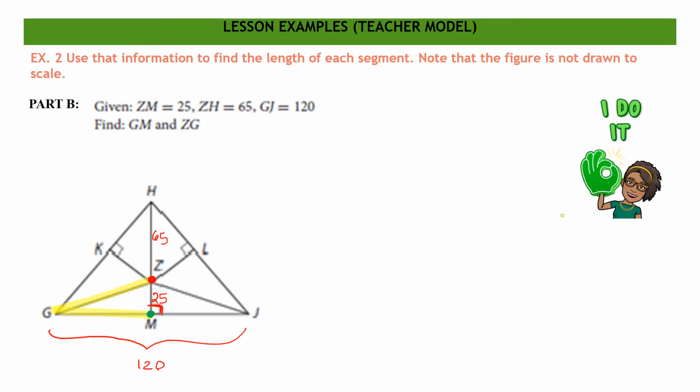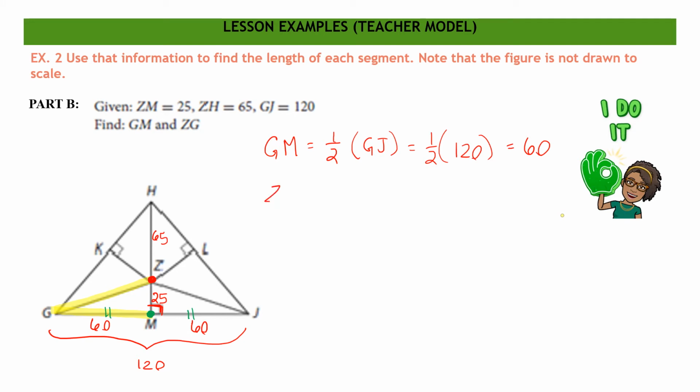So G to M is equally distant as from J to M. So that means if I'm trying to find GM, I know that GM is going to be half the length of GJ. We know that GJ is 120, and half of 120 is 60. So that means that both of these parts are 60.